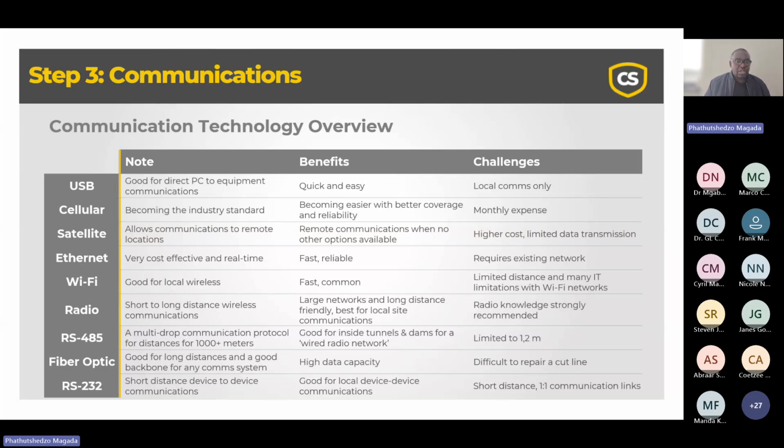The communication channel can also happen through wireless, if the area where the site is has good wireless. We have radio, which we'll also discuss separately. We also have RS485, fiber optic, and RS232.